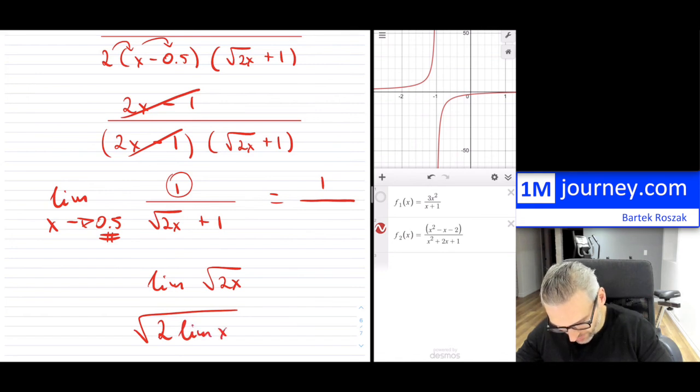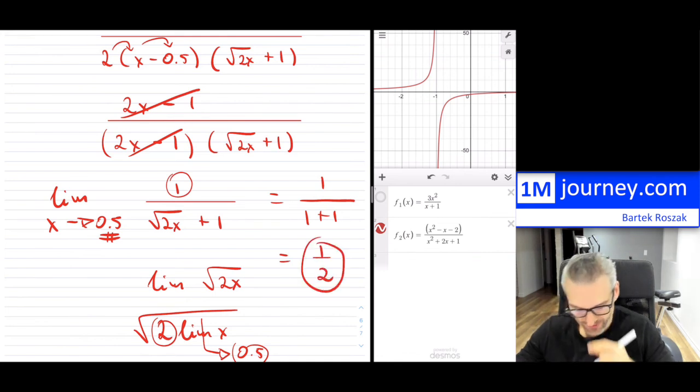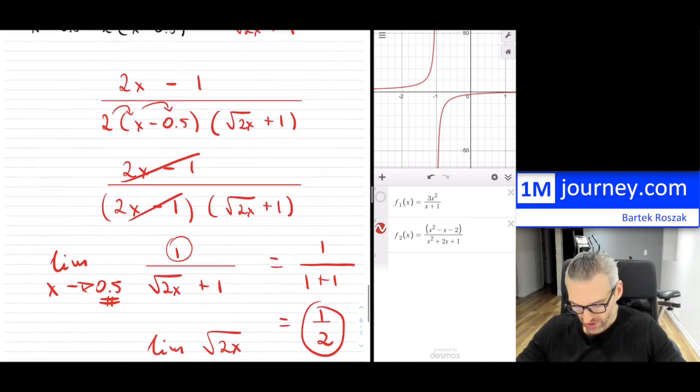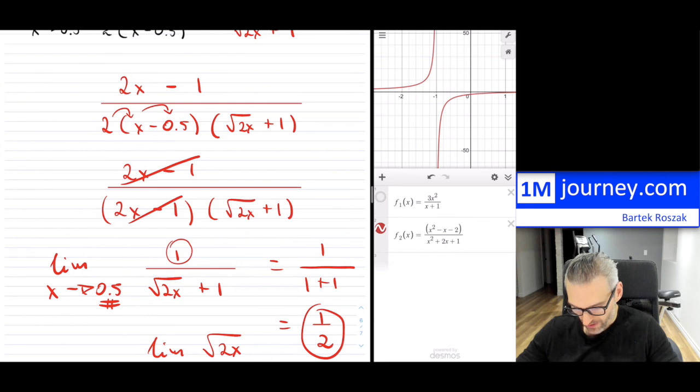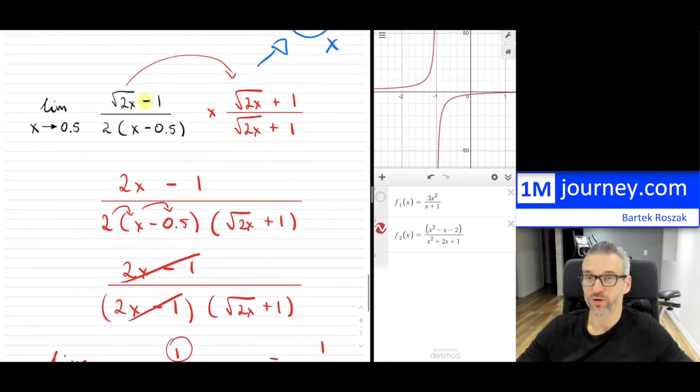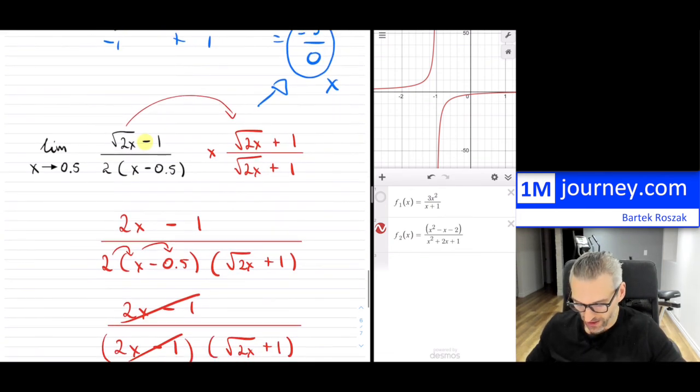So that's 0.5 times 2, which is 1. And the square root of 1 is 1. So this is 1 plus 1, which is 2. So the limit is actually a half. So that's neat. This means that this must be a removable discontinuity. We have removed the discontinuity within here.